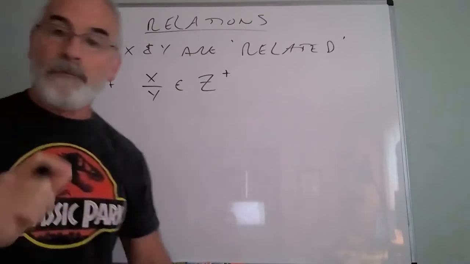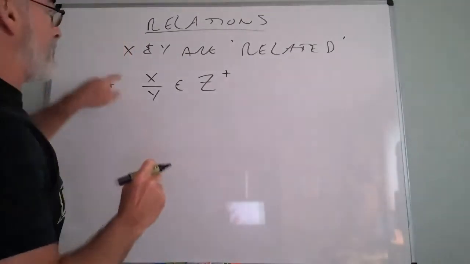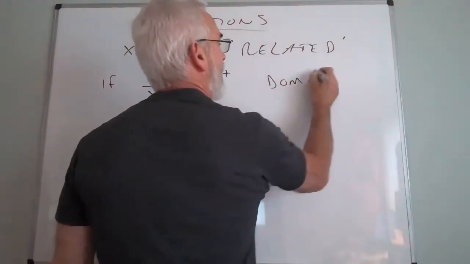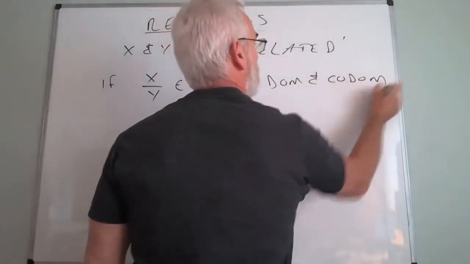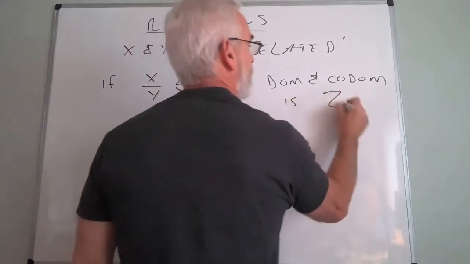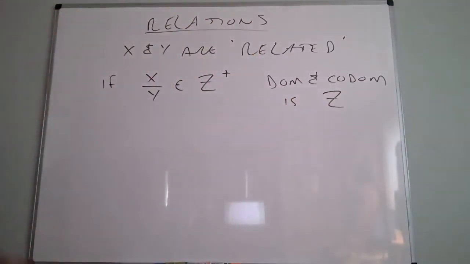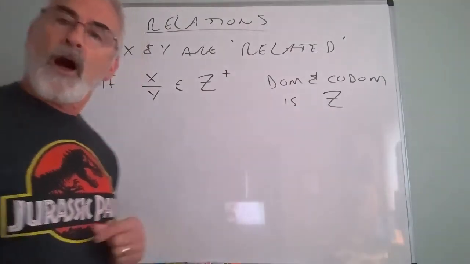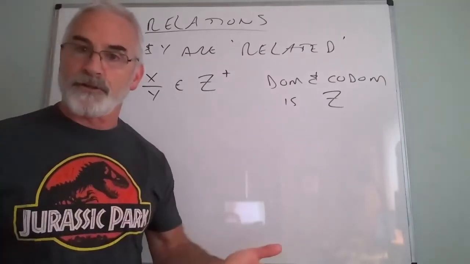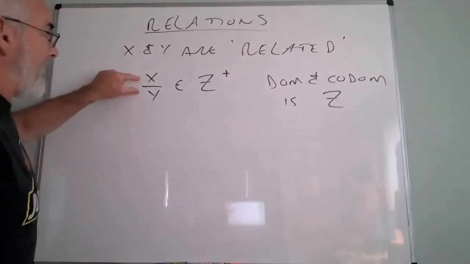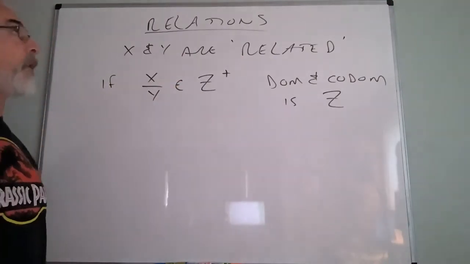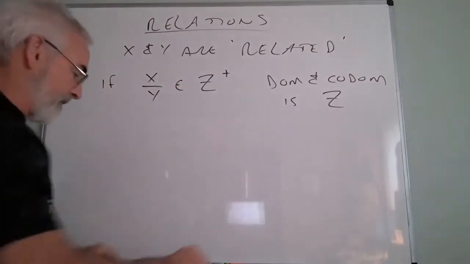Now, our input, let's keep it really simple. Let's say our domain and codomain is the entire set of integers. I want to keep it really simple. So obviously X over Y would be a rational number in general. So I want to take from the set of integers, every time I have a quotient that produces a positive integer, that's going to be okay in this situation.